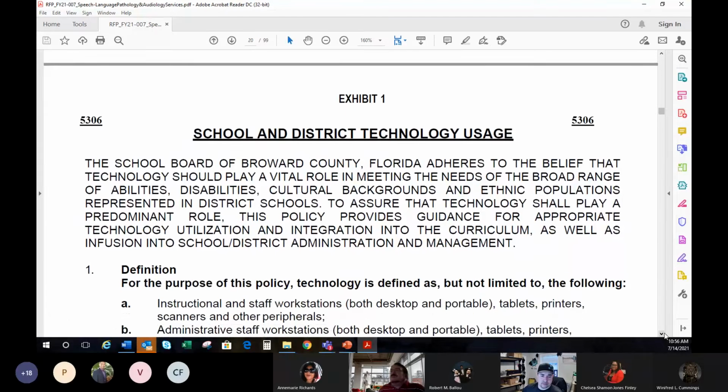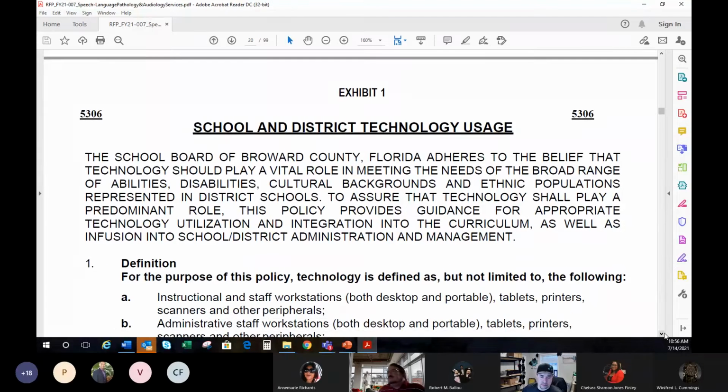Okay, and policy 5306 is important because this basically tells what the restrictions are of what you can't do when you have a school board computer.